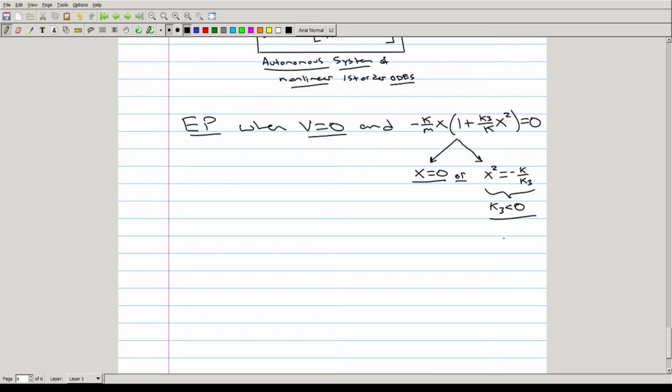And this presents a very, very interesting bifurcation for us. We actually have now a bifurcation in the parameter k3, because if we assume k is positive, then when k3 goes from negative to positive, when it's negative, we have 3 equilibrium points.